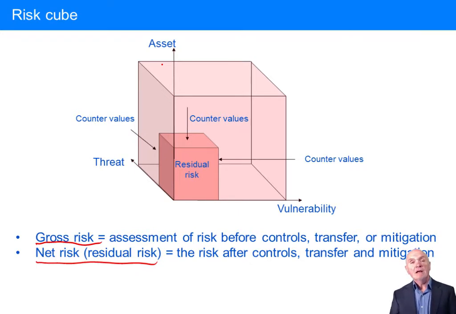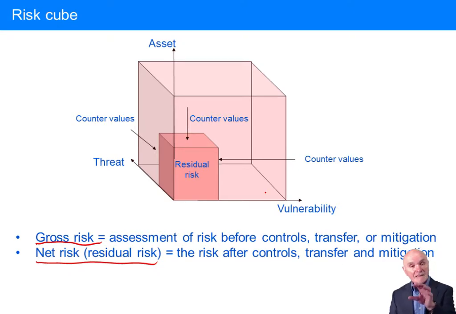You could reduce the threat of it happening there by maybe inspecting the wiring very, very carefully and frequently, so the chance of an electrical fire starting off is much less. So you can reduce the threat. And then you can reduce the vulnerability there.